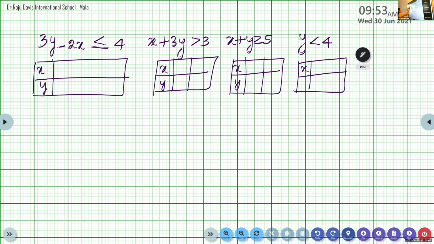3y minus 2x equal to 4. x plus 3y is equal to 3. x plus y equal to 5. And y is 4. Find the solution set.